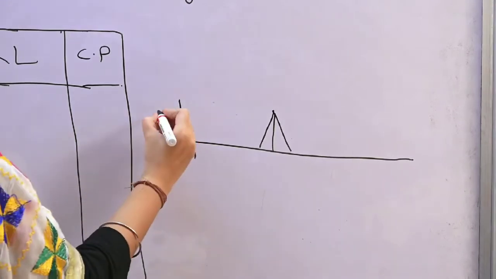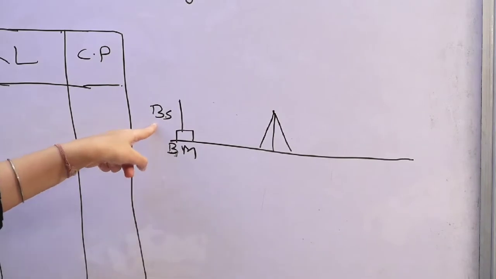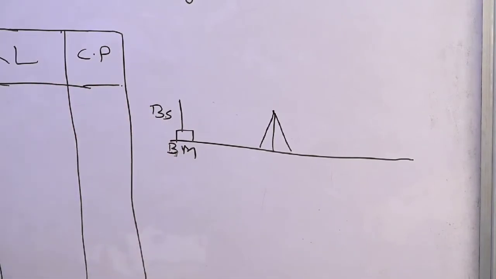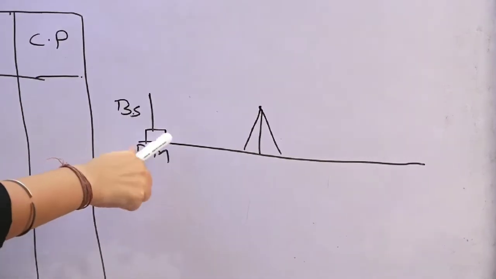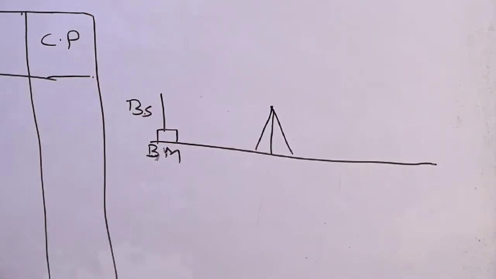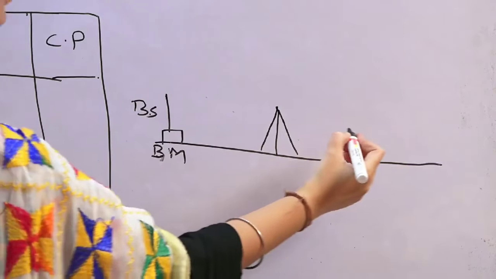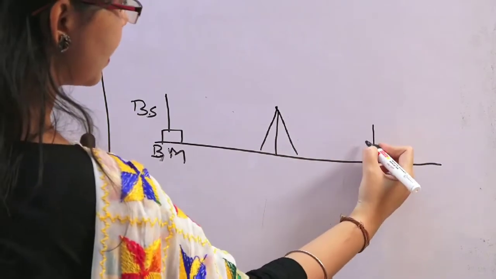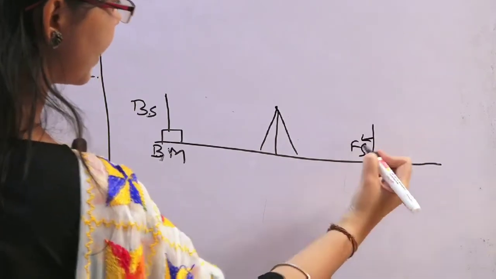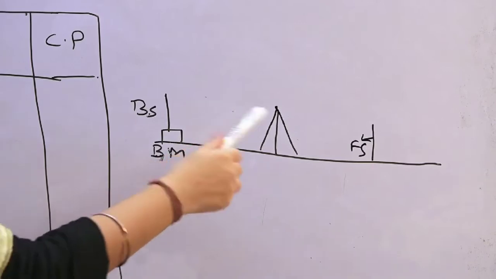Now, BS is nothing but backside reading. When we set up a leveling instrument, the first staff reading is called the backside reading, and the last staff reading is called the foresight reading. I have told this in the previous video, but again I am repeating the same.